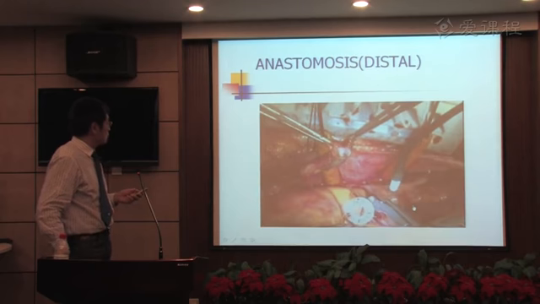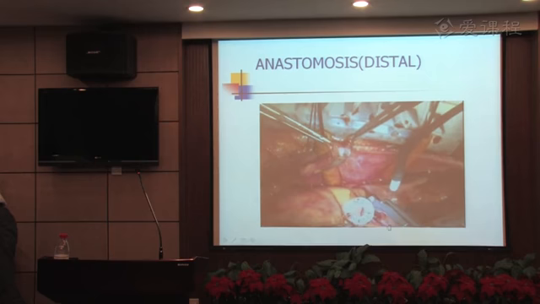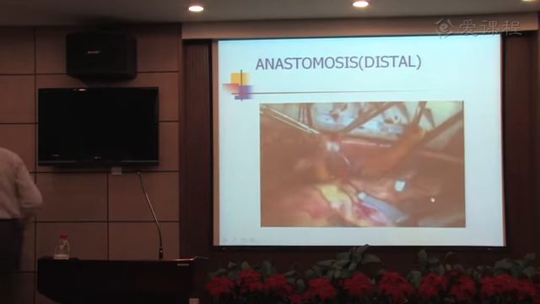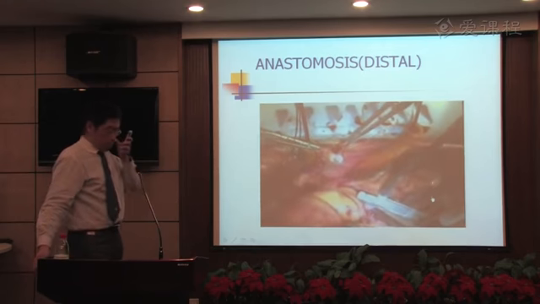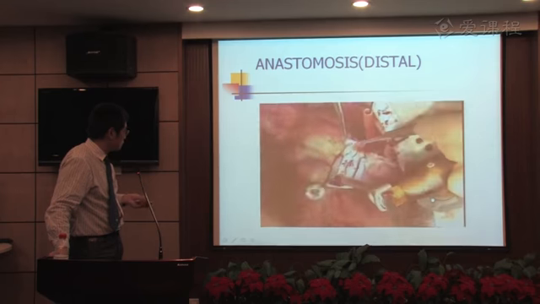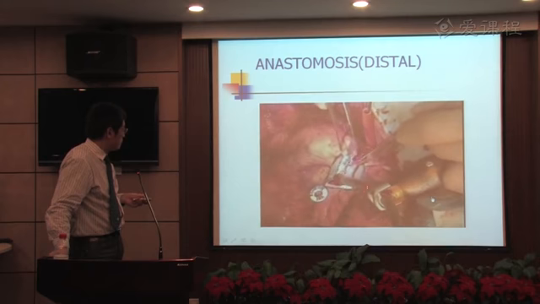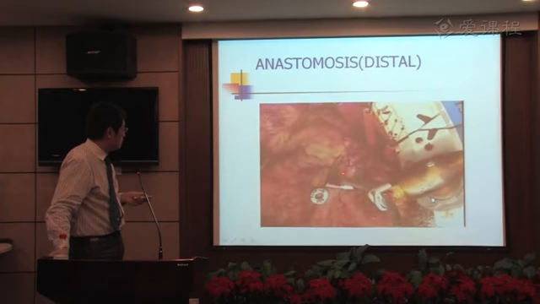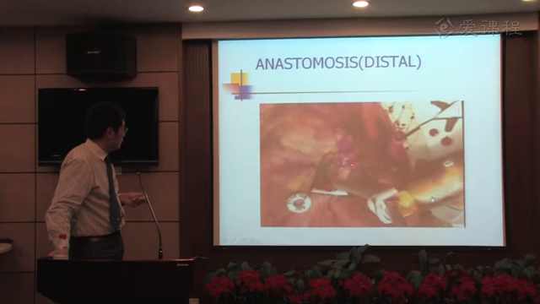This is how the distal anastomosis is done. This is a stabilizer. This is a shunt. Anastomosis here.